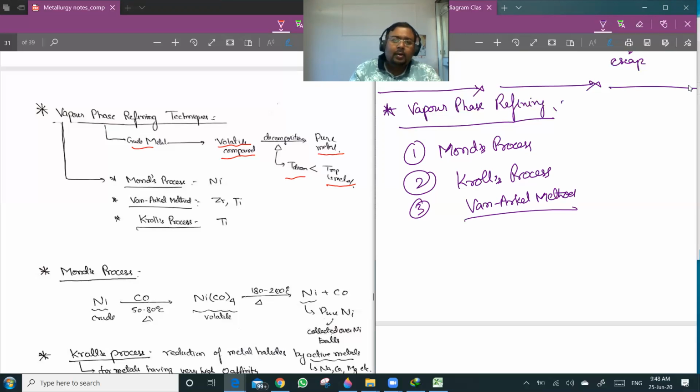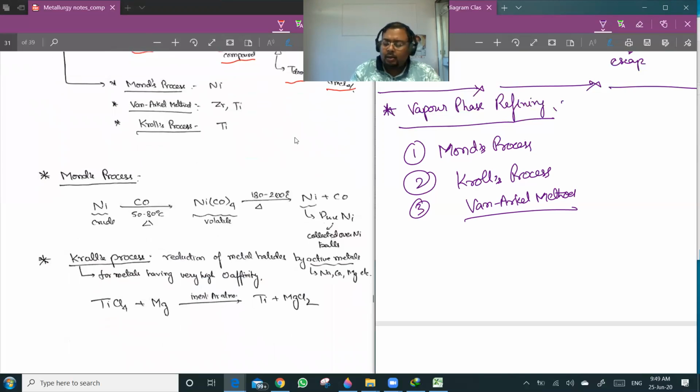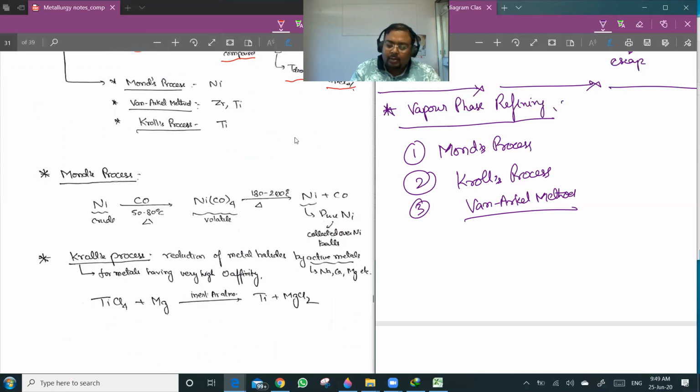The Van Arkel method we discussed in yesterday's class, so we will mainly discuss the Mons process and Cross process. The Mons process is used for nickel, the Cross process is used for titanium, and the Van Arkel method is used for zirconium as well as titanium. It is an ultra purification technique.